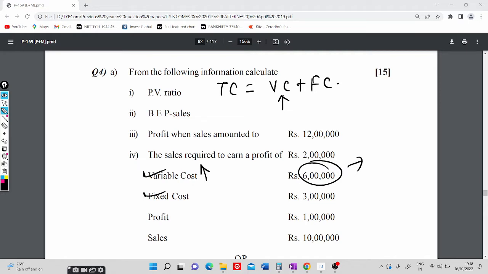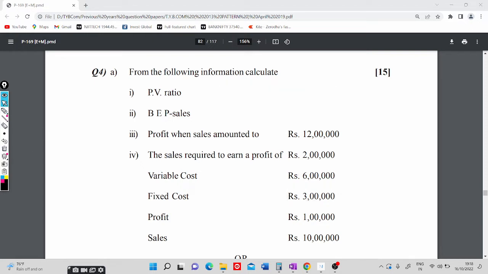If it is decreased, the variable cost decreases. But with any level of output, volume of production, the fixed cost will always remain constant. So variable cost varies with the output, but fixed cost remains constant. Both fixed cost and variable cost together make the total cost.